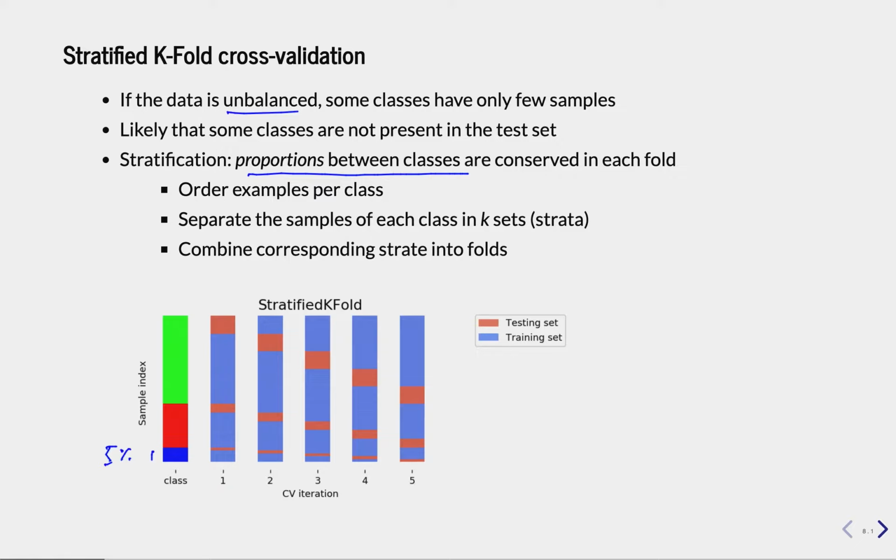Right? The way you do that is you order the examples per class, like I did here. You then separate them into k strata, like 1, 2, 3, 4, 5, and you do that for all the different classes. And then finally, your test set of this first fold is the test sets of each class separately joined together. Right?